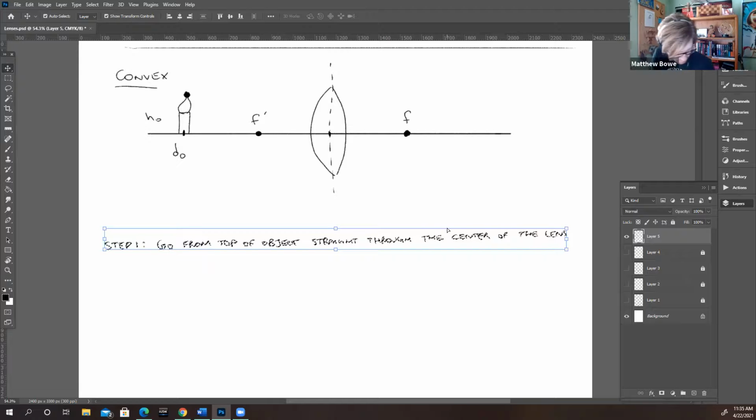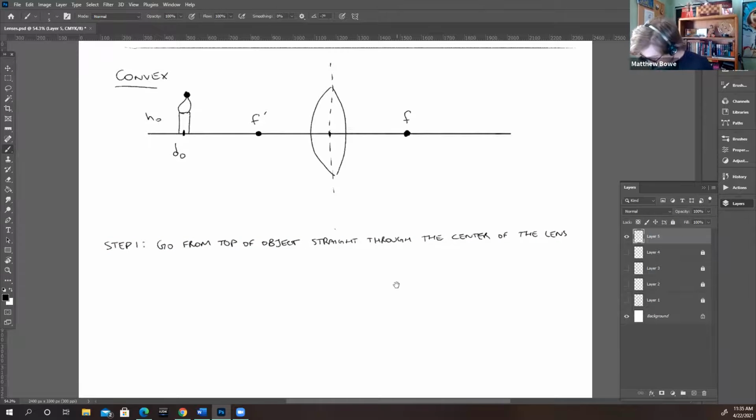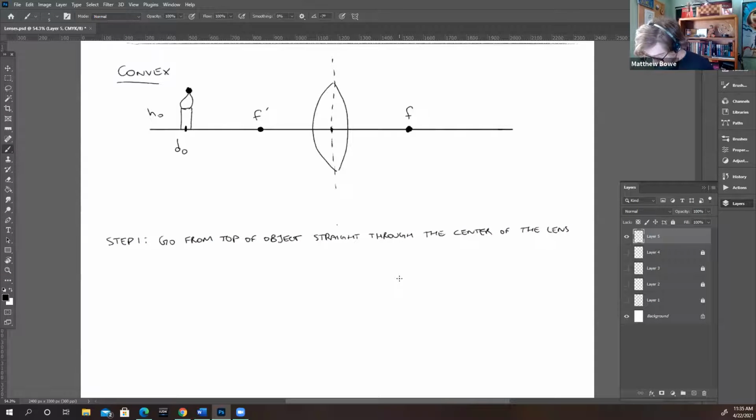What about there? Okay, so that's why I have this dot up here. Go from the top of the object, and I need to put a ruler. So go from the top of the object straight through the center, so right here, the center of the lens. So here is our line.